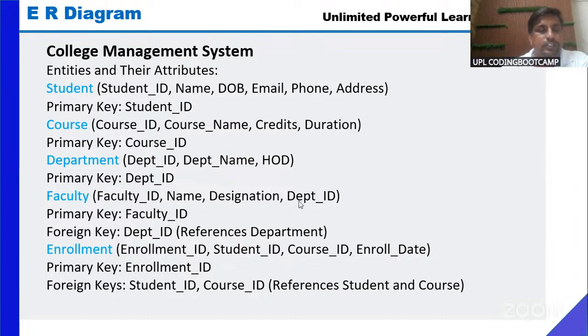Similarly, chemistry faculty will depend on the chemistry department. Similarly, enrollment: when a student enrolls for the course, then enrollment ID, it is referring to the student, also the course, and also which date. So this is how we usually design a database based on the requirement.